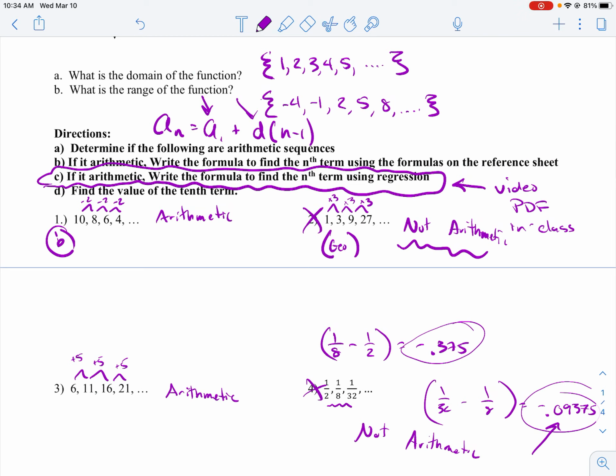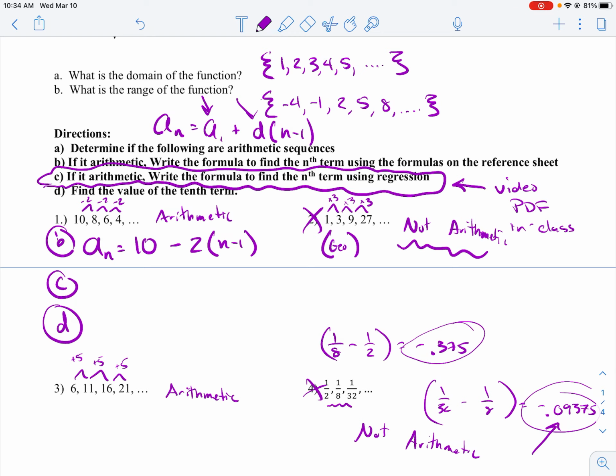And we have that, both just looking at our sequence. So a sub n is equal to 10 minus, because we're going down, 2 and -1. And then the last part, C, we'll skip right there. D, all right.